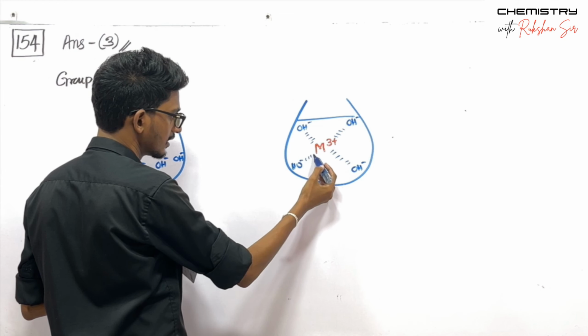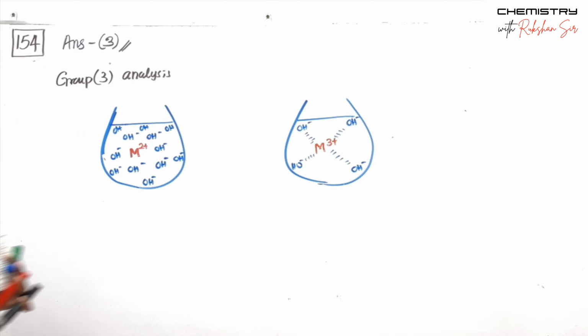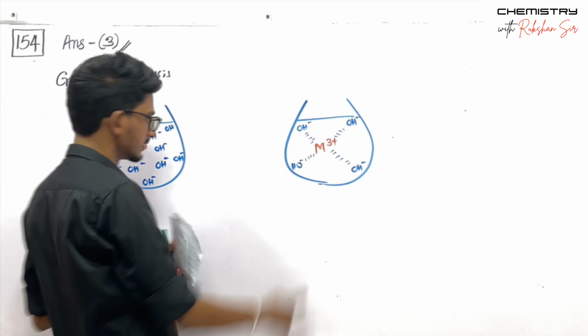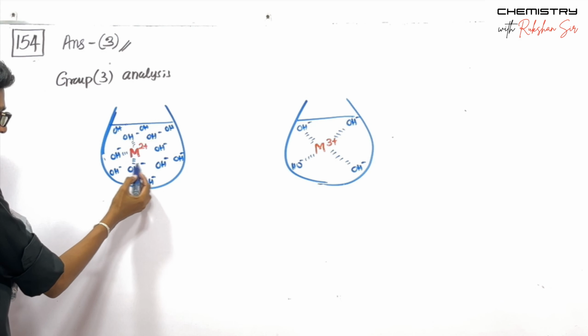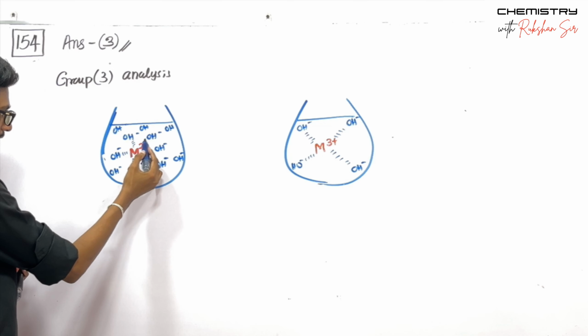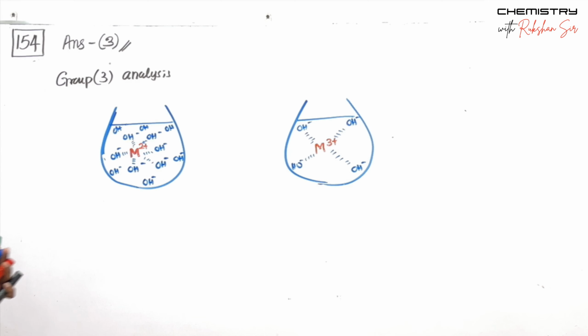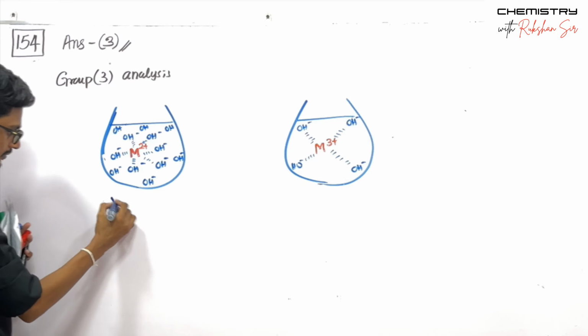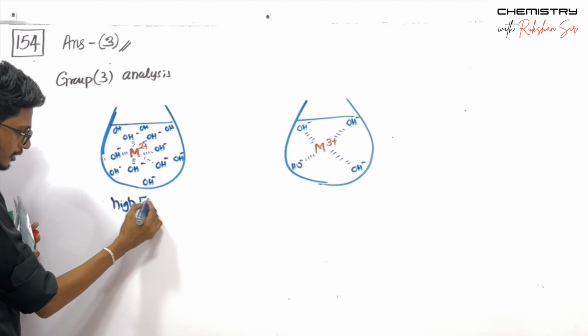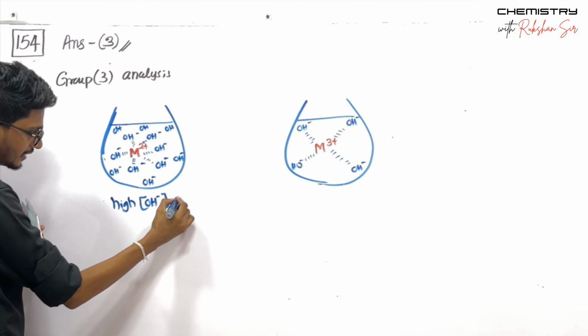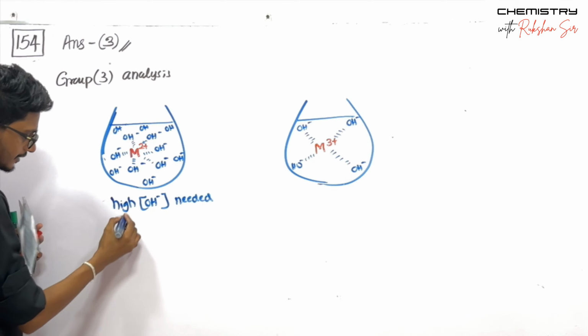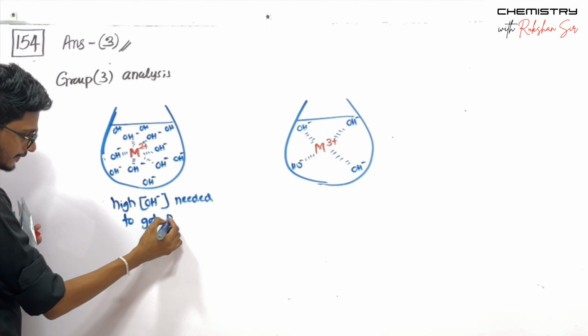They can attract even the anions which are very far from the cation. But here, the anions should be very close to the cation, or else the attraction can't be done. So to get precipitated here, a high OH minus concentration is needed.